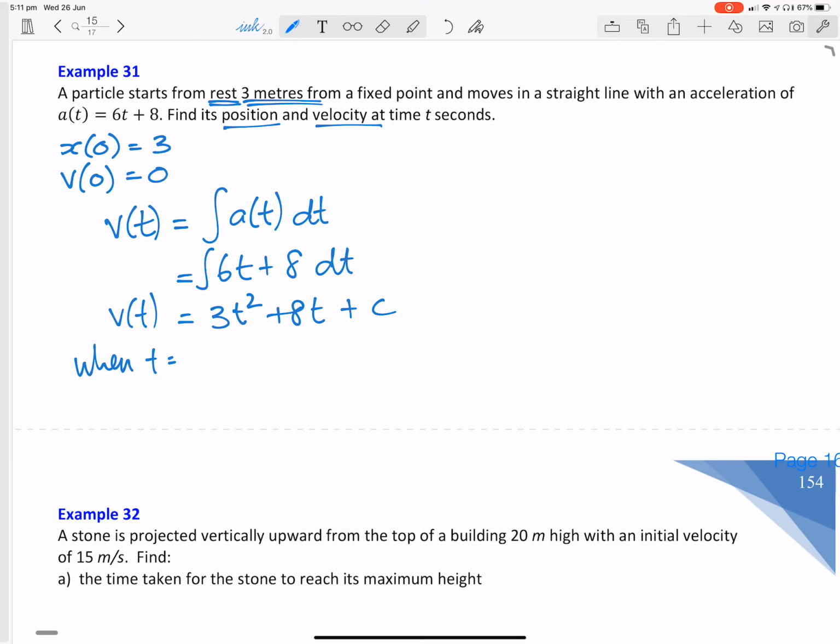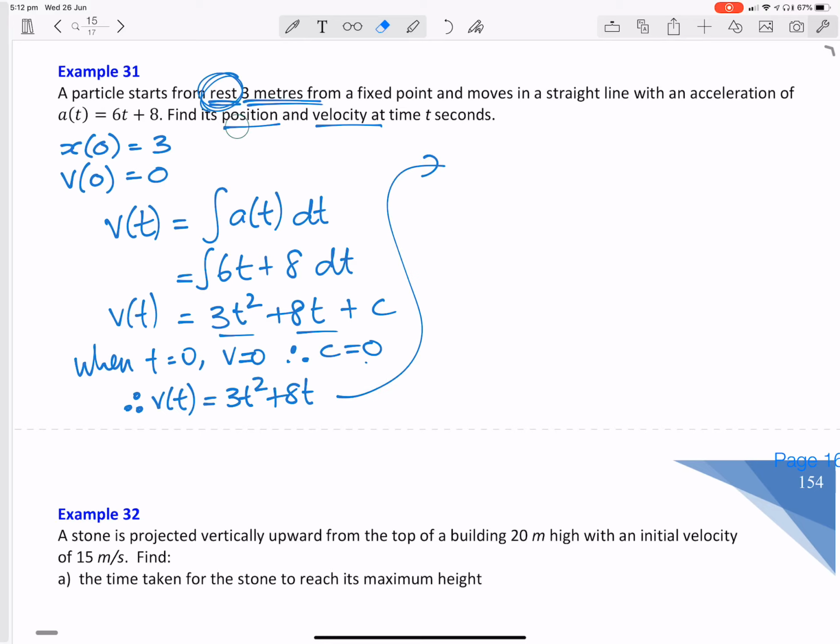When t equals 0, v equals 0, because it starts from rest. So c must equal 0. So v of t, my velocity, is given by 3t squared plus 8t plus 0.